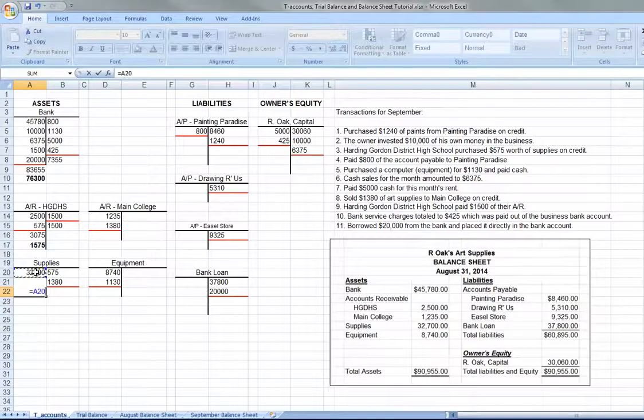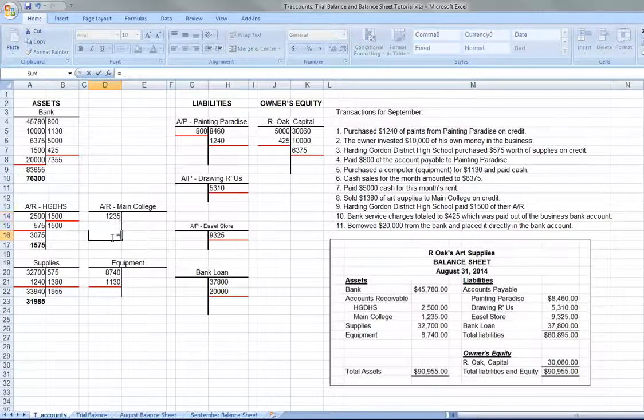One way you can do it is just click on the cell. The only thing is I can't click on the cell right here, so I can go plus, and then it's A21. And B21. And so it'll be this one minus this one. And so we're actually just summing the two of those.